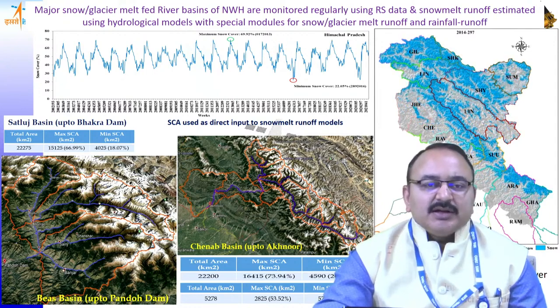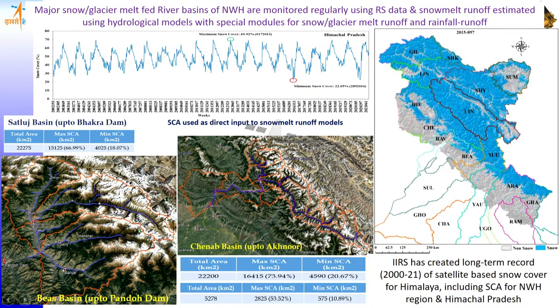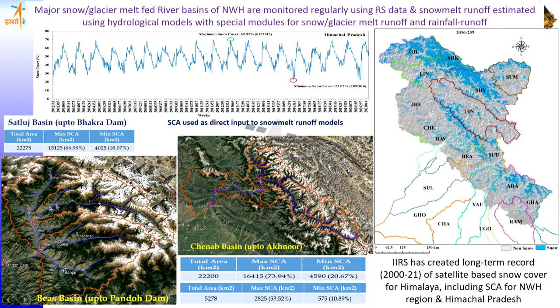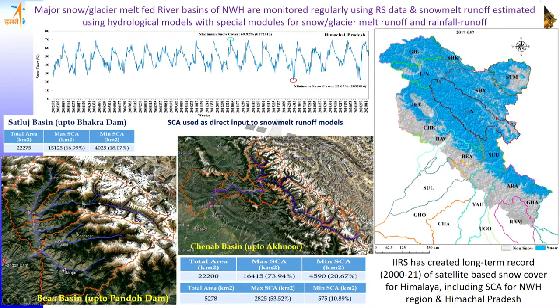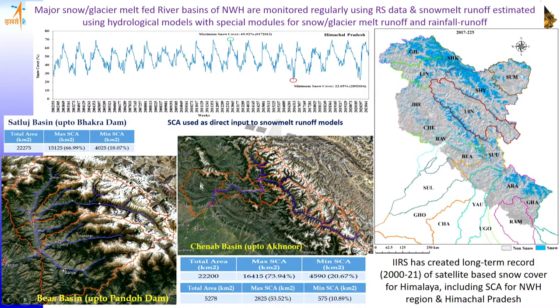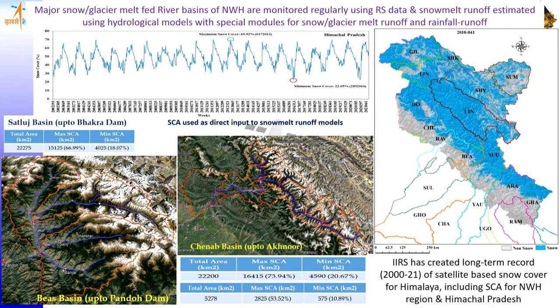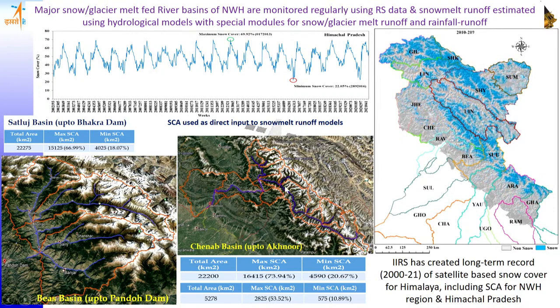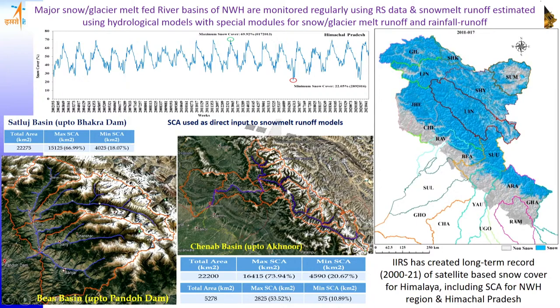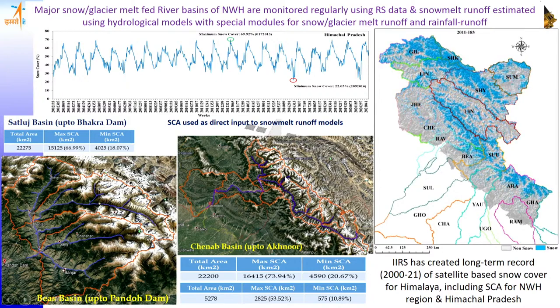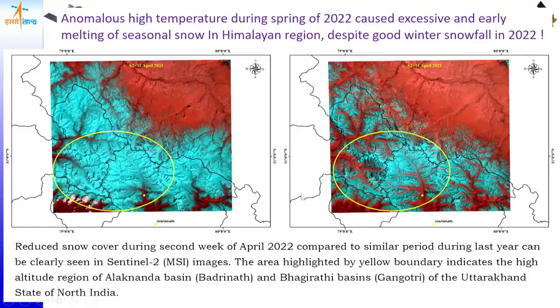In these areas you will have more incidences of snow avalanches, glacial lake outburst floods, and also flash floods, where you can have a combination of snow melt, rainfall runoff and other hydrometeorological hazards. These areas are also where we have dams, especially for hydropower and water storage. So the safety of these hydraulic structures depends upon normal snow melt for water management, and on the extreme events for their design discharge capacity.